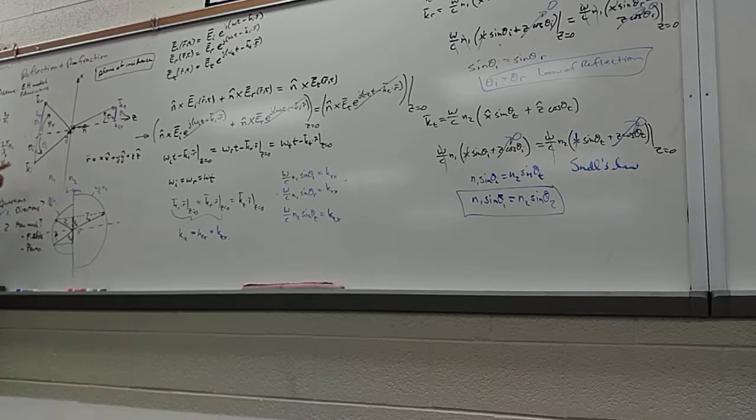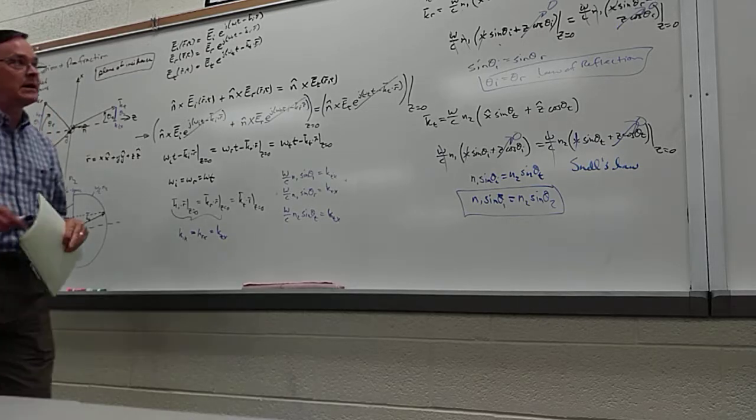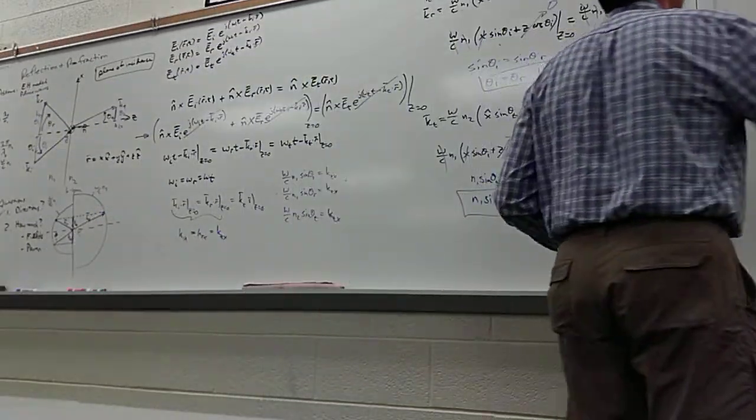Let's say that whatever this polarization state is, let's break it up into a component that is orthogonal to the plane of incidence and a component that is in the plane of incidence. And why we're going to do that will be apparent shortly. But basically, it turns out those two linear states are eigenstates of reflection. If we come in out of the plane, it stays out of the plane when we reflect and transmit. If we come in the plane, it stays in the plane when we reflect and transmit. So let's consider the case of out of the plane first.